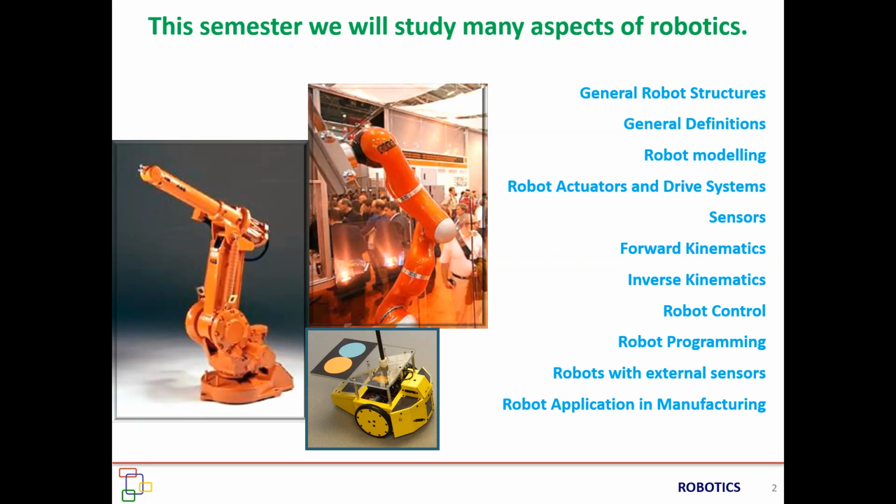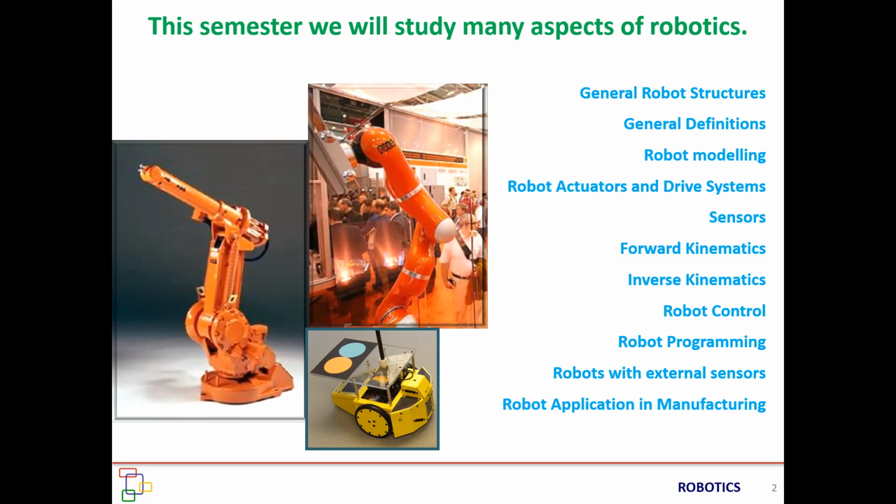And for robots with external sensors, like I told you, sensors are also built inside these robots so that they do a task. We can also have external sensors which will help us to monitor them. We'll also look into different robotic applications that are now being produced, which work in the manufacturing industries.